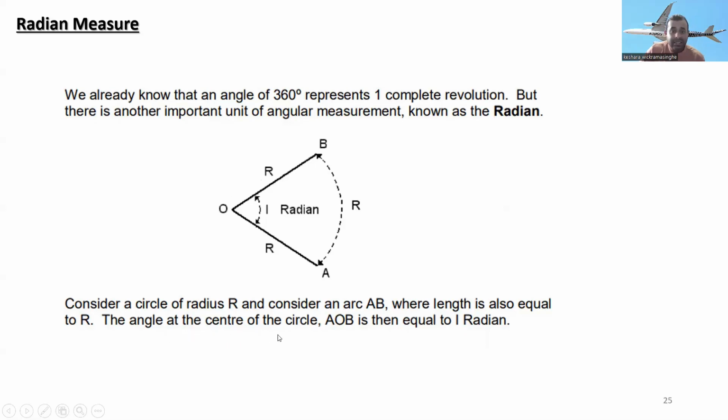The angle at the center of the circle, AOB, is then equal to 1 radian. OB is r, OA is r, and the arc AB is also r. This angle we call 1 radian.